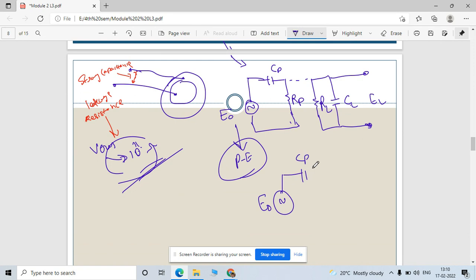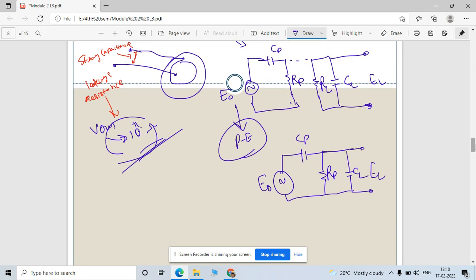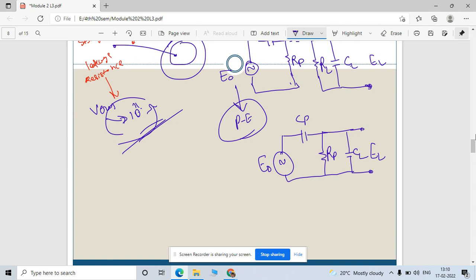So this is your CP, and this is your RP, and this is your CL. Okay, this is just for the sake of your knowledge. Okay, so this is the equivalent circuit. Now, if you see in this book, there is not so much information given.